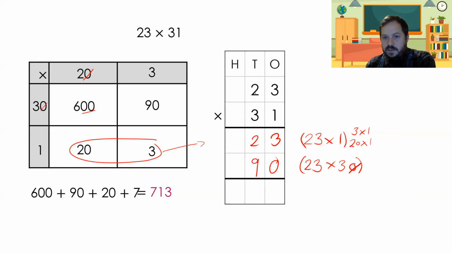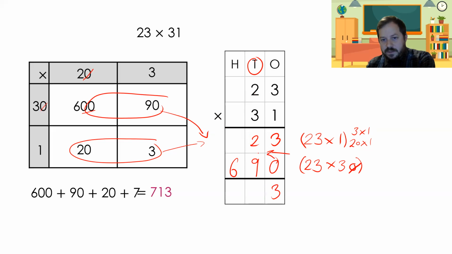Then we do 3 times 2, which is 6, and that goes in the next column up. So it's very similar to before. You're just imagining you're shifting it along 1 column because it's in your tens column. Those 2 bits go down there.